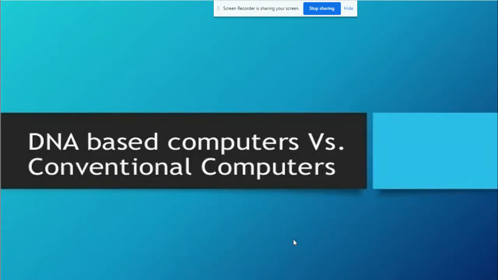Let's move forward to DNA based computers versus conventional computers. We will distinguish between DNA based computers and the normal conventional computers that we use on a regular basis.